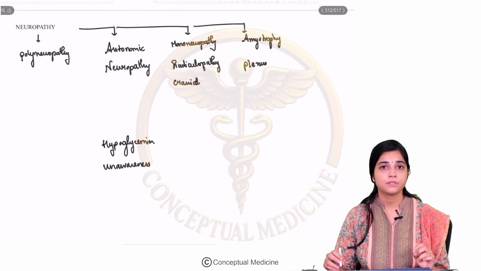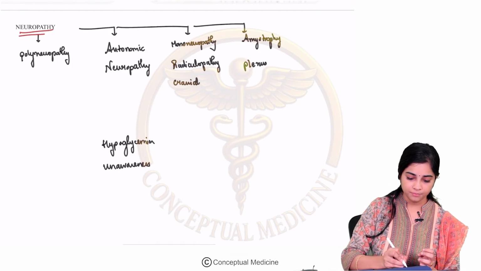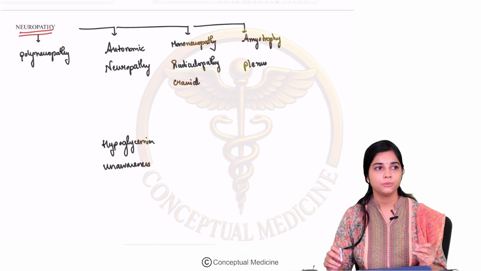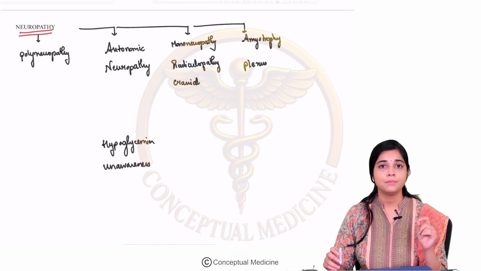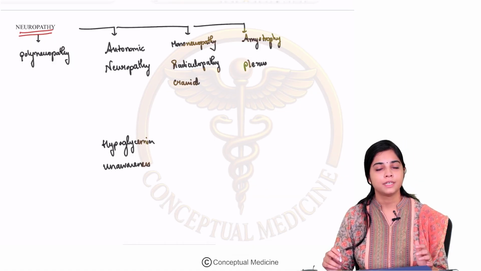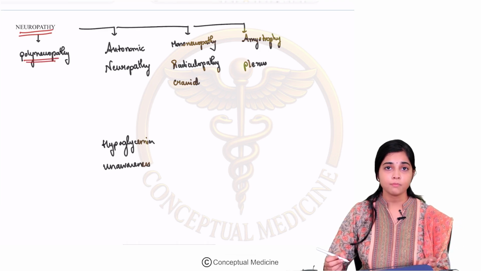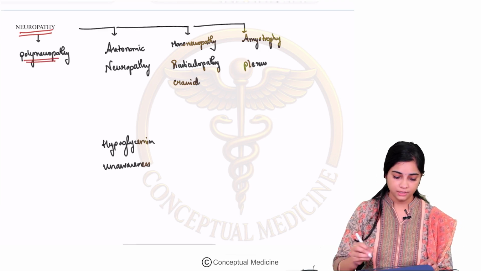The next complication that we should be aware of is neuropathy. So how does diabetes affect the nerves? There are various ways in which diabetes can affect the nerves. First is polyneuropathy. So what do you mean by polyneuropathy?